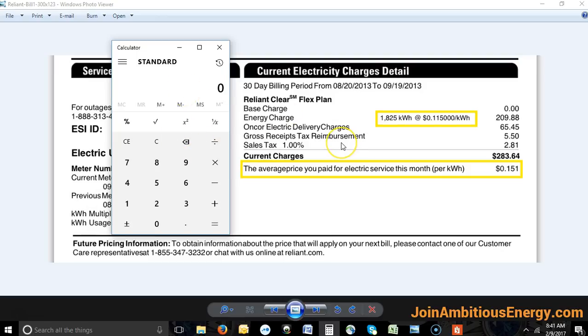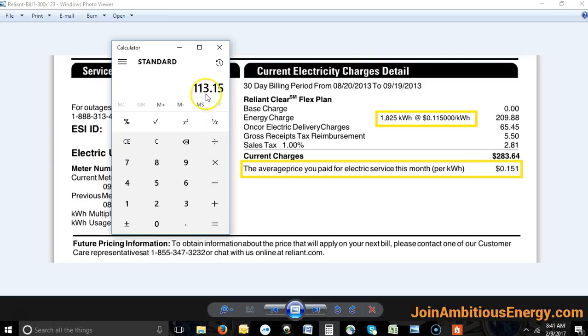So 15.1 minus 8.9 equals 6.2, divided by 100, so we can calculate it into the kilowatt hours. So we've got 0.062, and then we're going to multiply that by 1,825 kilowatt hours used, because that's what was used in this billing cycle.